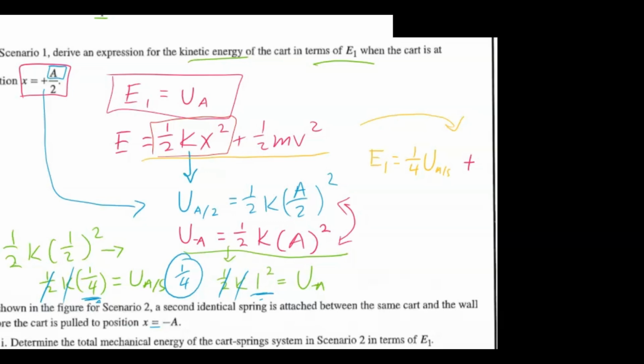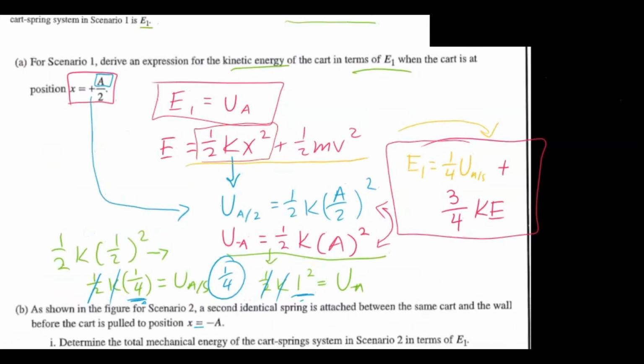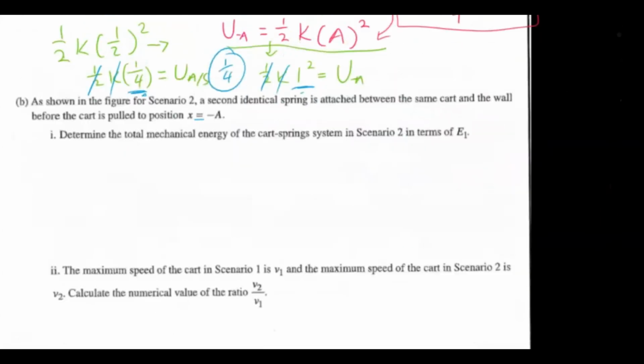Since it's simple harmonic motion and there's no friction, since it's negligible, energy has to be conserved, so it has to add up to 1. So our kinetic energy is 3/4 E1, and that is our expression that represents kinetic energy in terms of E1.